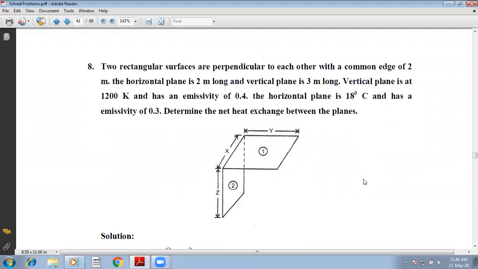This problem is on view factor or shape factor, which gives what fraction of energy has been transferred from one phase to another phase.